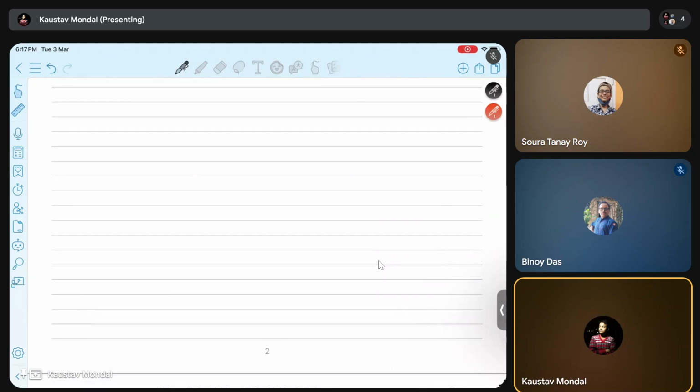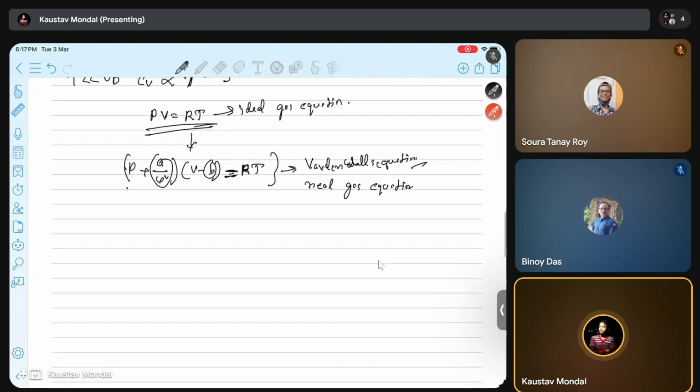In the last class also we discussed isotherms. Using this van der Waals equation, we can calculate the critical volume and critical pressure from the isotherms of a particular gas.